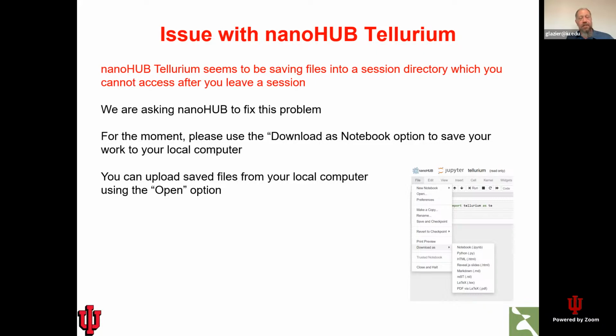So it's not the most convenient thing in the world, but if you save locally, you do your save and checkpoint, and then you do download as notebook, it will save everything to your local computer. And then when you hit open, there is an upload button under the open that will allow you to pull it back from your local computer.